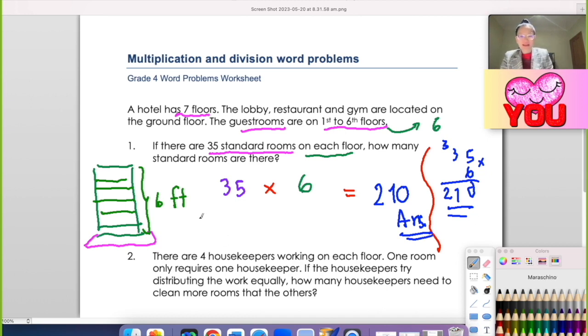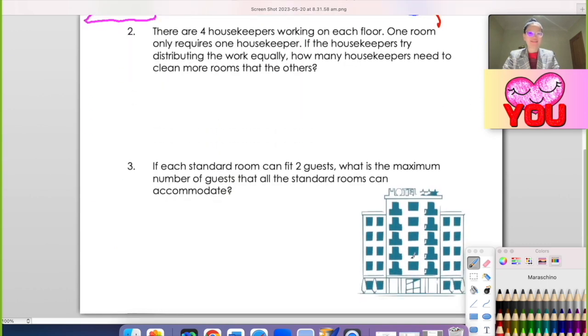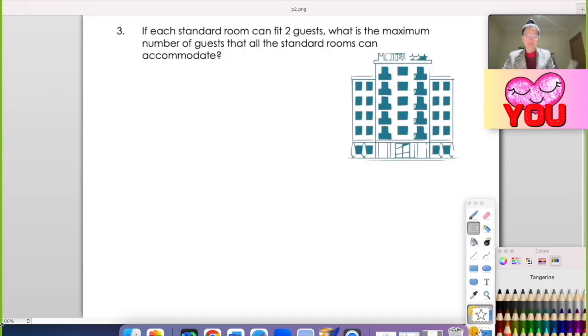So you write down the answer properly. Your answer is 210 standard rooms. Does that make sense? Oh, great. Good. Let's go to the next one together.